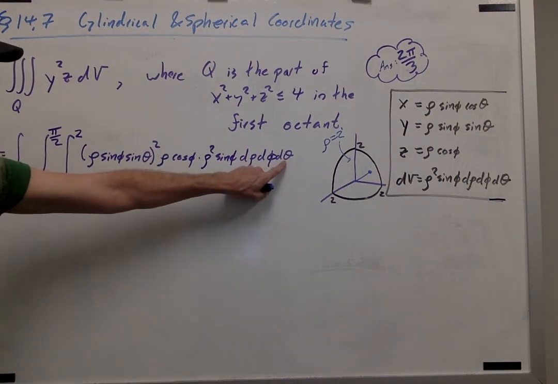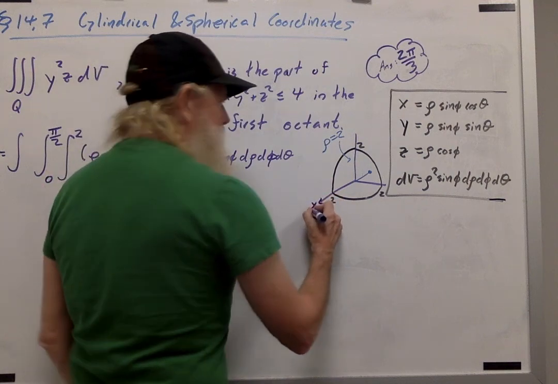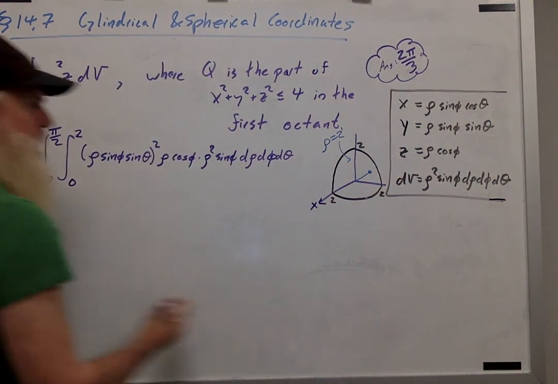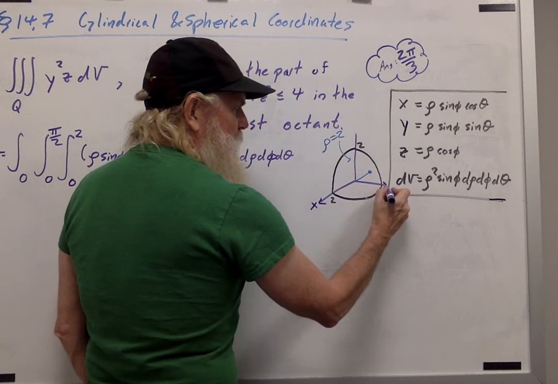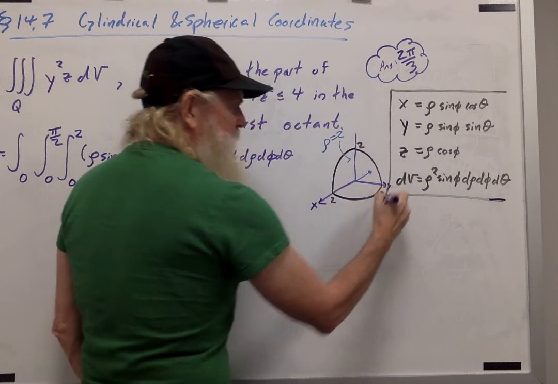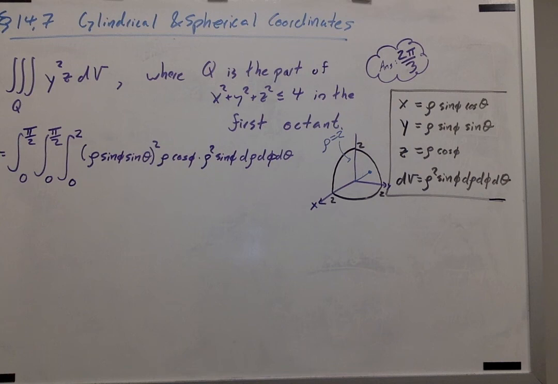And lastly, theta is going to start on the positive x-axis, which is theta equals 0, and I want to continue around for pi over 2, 90 degrees, until I get to the positive y-axis. So to stay in the first octant, I need phi to go from 0 to pi over 2, and I also need theta to go from 0 to pi over 2.